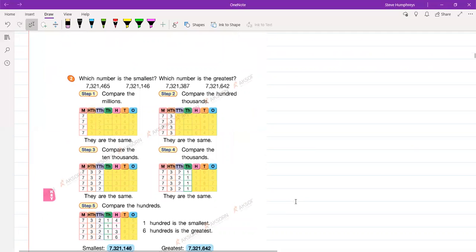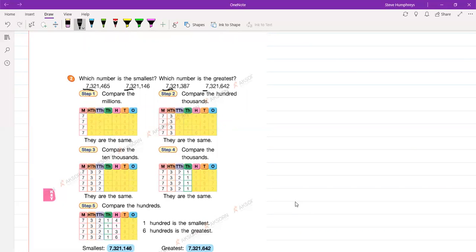Okay. Number two, which number is the smallest and which number is the greatest? We have four numbers. Okay, compare the millions, it says. We'll do it like this. They're all 7 million. The first digit. Second digit is a 3. That's a 3.